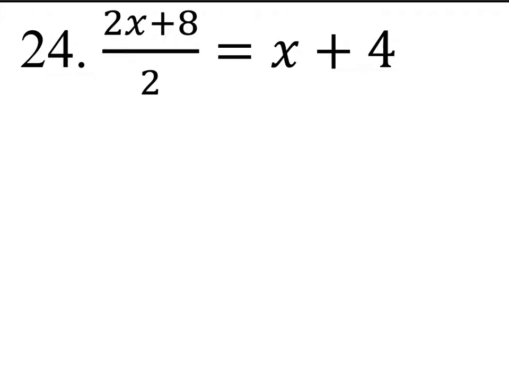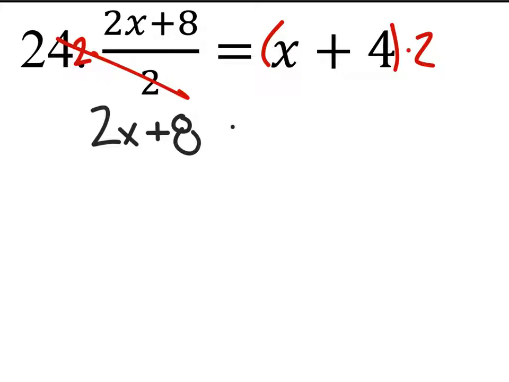Let's try this one. Now if the fractions don't come out well like these ones will, then you may want to get rid of the 2 instead. So before we split this up into 2 separate fractions, right here I'm just going to get rid of the denominator by multiplying both sides by 2. So these 2's cancel out. Now I've got 2x plus 8 equals, after distribution, 2x plus 8.